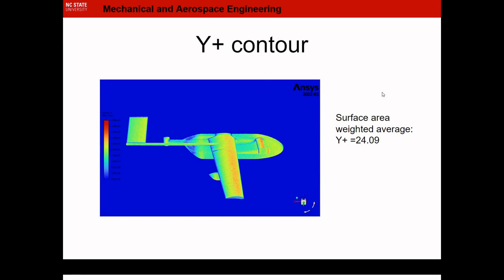One of the biggest issues I had was getting a good y plus value. Here on the left, this image shows the y plus contour for the test case, and the surface area weighted average was 24.09. You can't really see this in the image, but the maximum y plus value was 50, which is here along the tops of the airfoil, where there are higher air speeds as the air accelerates over the airfoil.